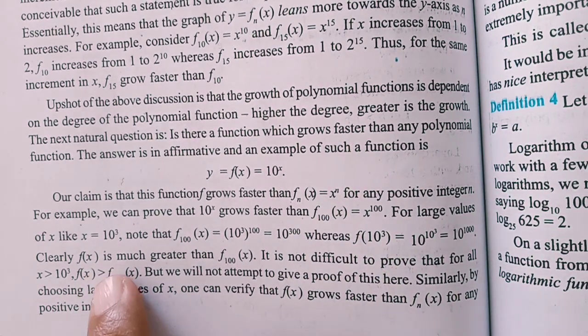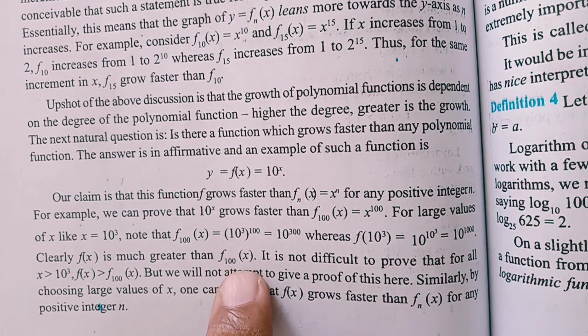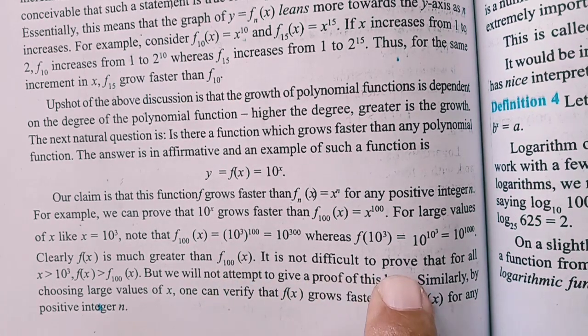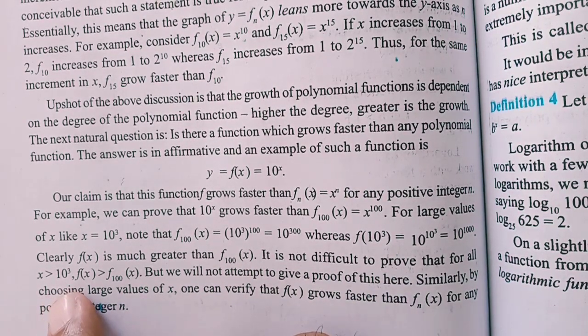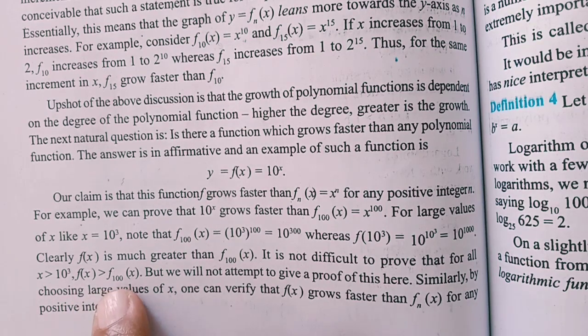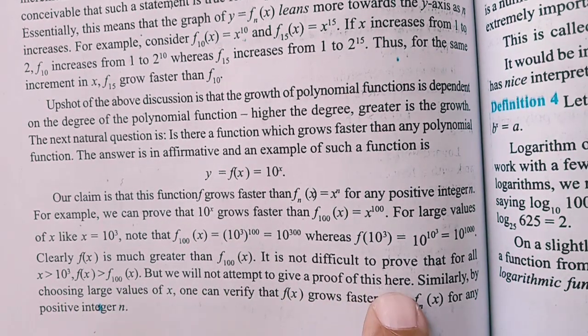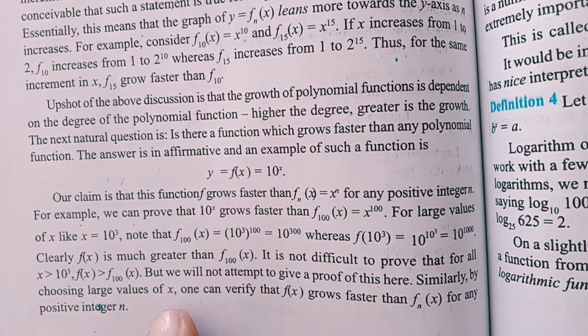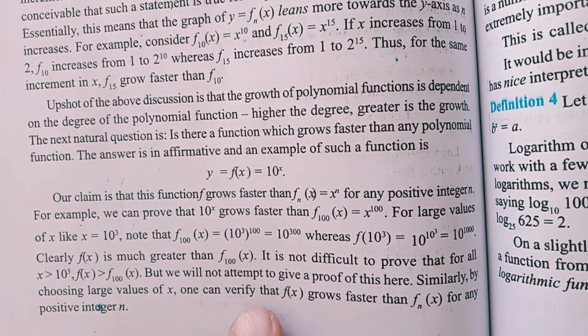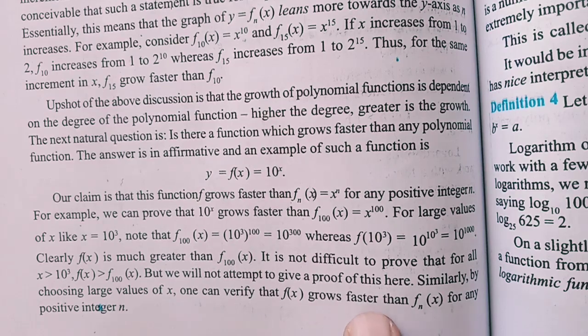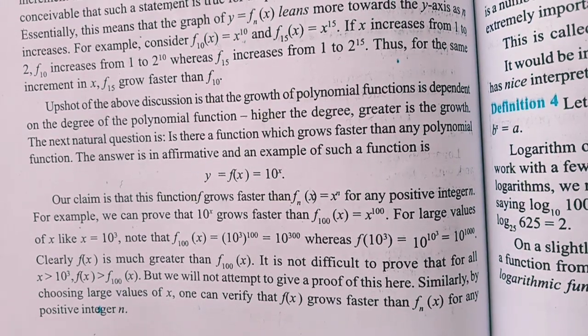Clearly f(x) is much greater than f_100(x), and it is not difficult to prove that for all x greater than 10 raised to 3, f(x) is greater than f_100(x). One can verify that for large values of x, f(x) grows faster than f_n(x) for positive integer n.